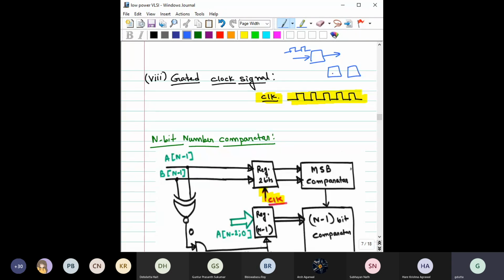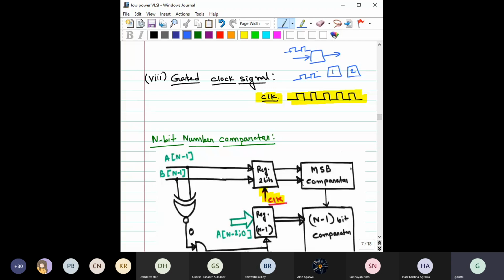However, suppose these are the blocks, number 1 and number 2. Here, not for the whole clock period, when the clock is high, do you want the output. You want the output only for some specific time, and the rest of the time you do not want the output. Then, do you think that you should feed the clock here as well all the time?